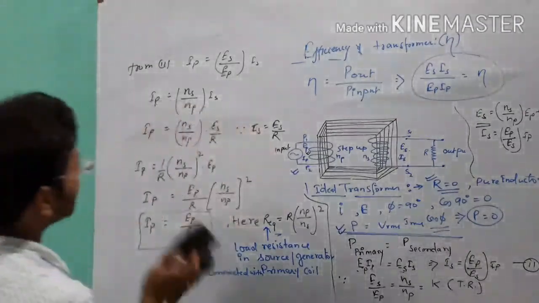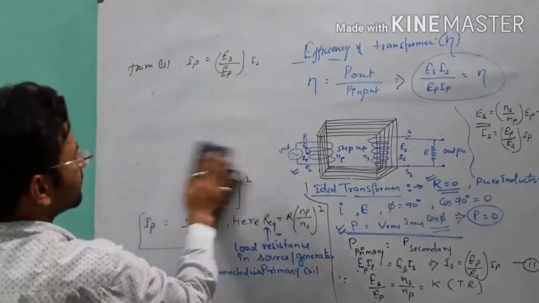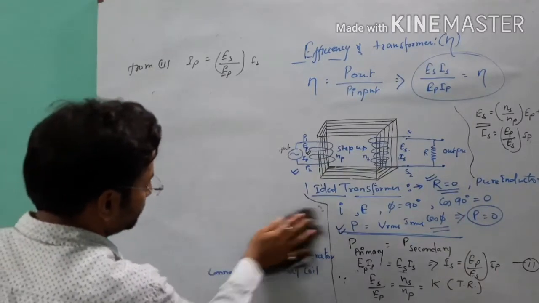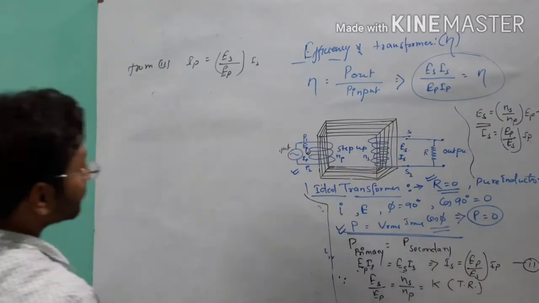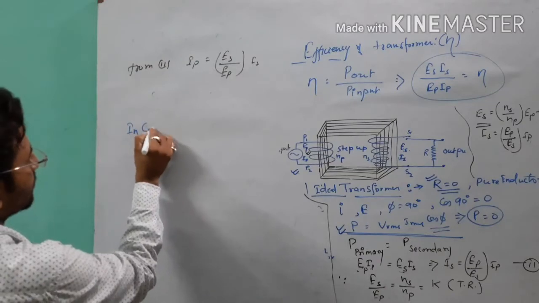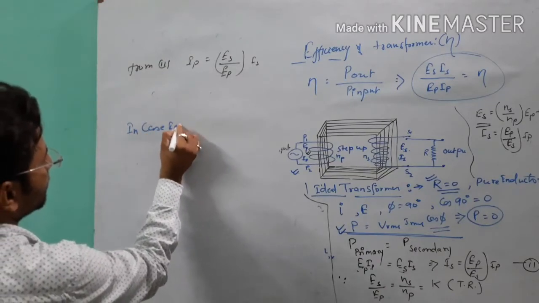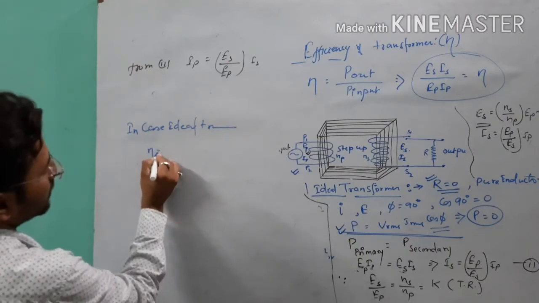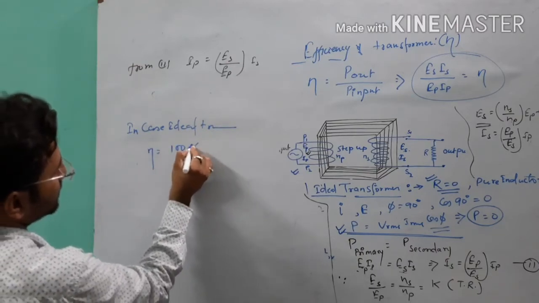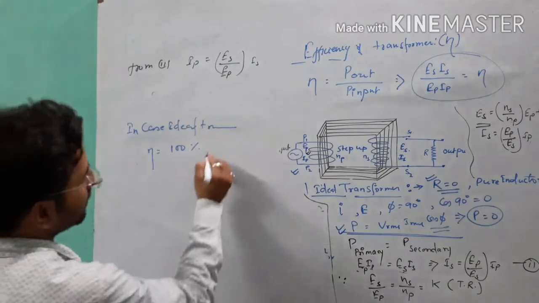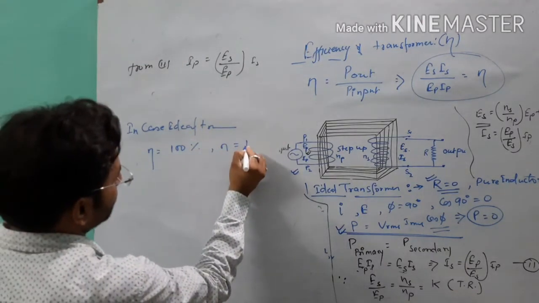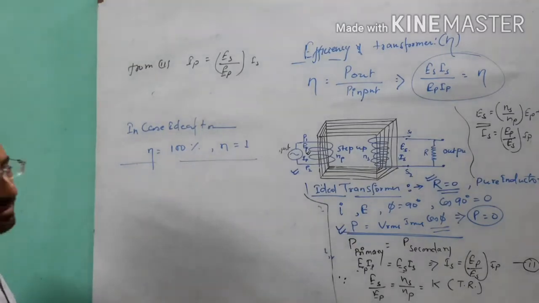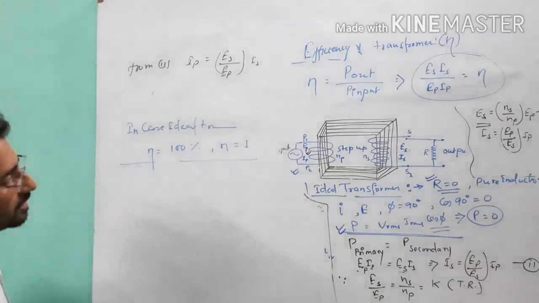But when we think about the efficiency in case of an ideal transformer, efficiency is 100%. It means the value of efficiency is equal to 1, but it is not true in practice.